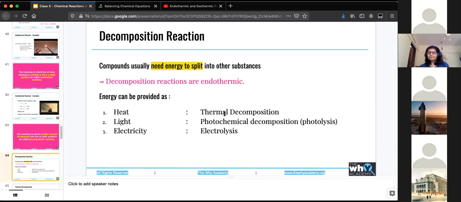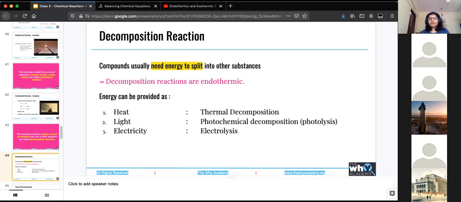We can directly write out that the decomposition reactions which are carried out by heat are called thermal. If you've already talked about decomposition first and then these are the examples or types of decomposition, then it's fine. But if it's asked independently, better to just give an example or describe decomposition itself.